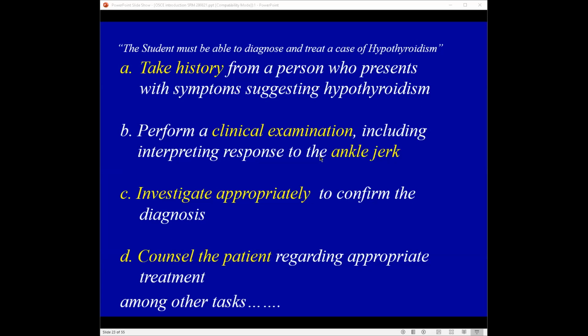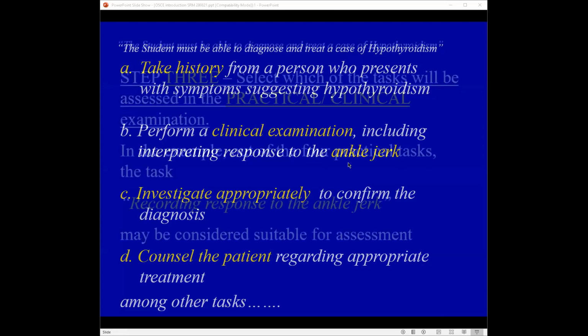He must be able to investigate appropriately to confirm his diagnosis. And having confirmed it, he must be able to talk to the patient and counsel regarding appropriate management. Now, these are the practical aspects of that objective. The student must be able to diagnose and treat a case of hypothyroidism. Right? Now, there are several other tasks perhaps, but at least these 4 tasks he must be able to do.